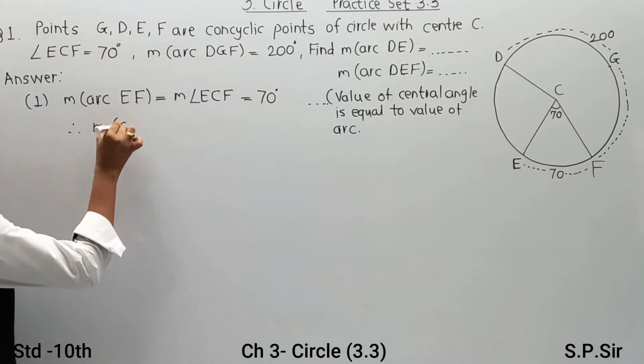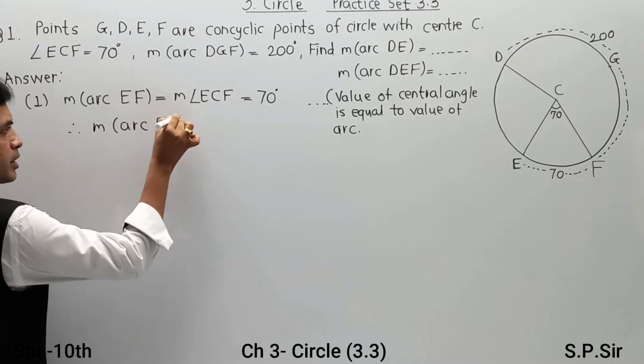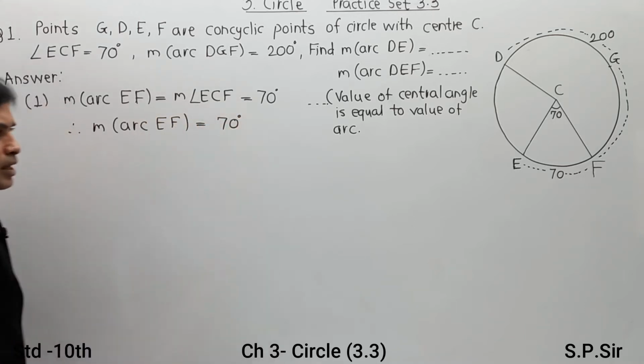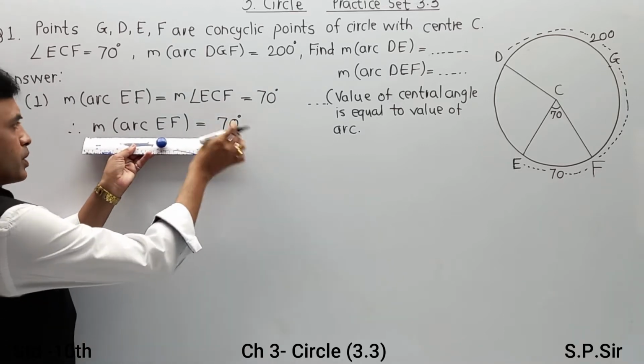Therefore major arc EF is equal to 70 degrees. Now you are able to get the first answer.